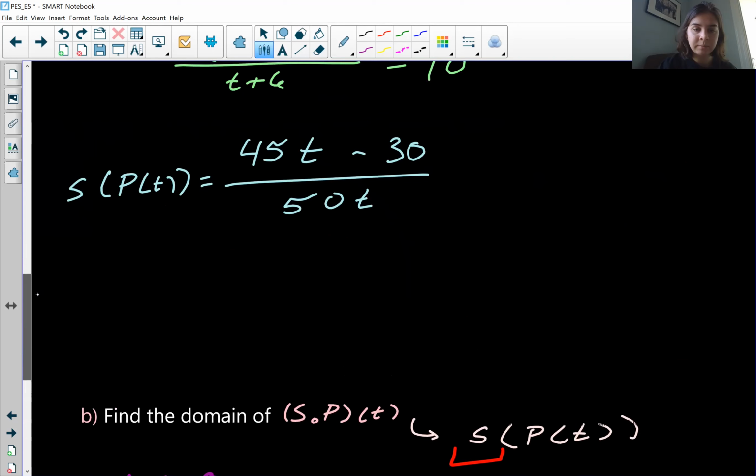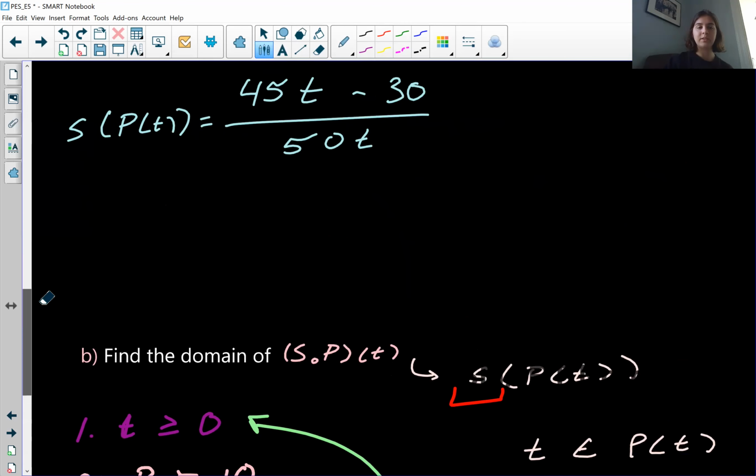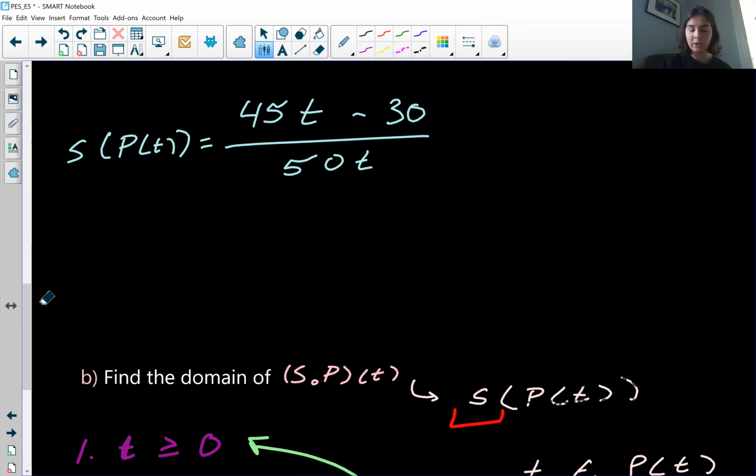And then I also like to check the composite function itself to see if there are any other restrictions in that function. And so this was the result we found here, and it looks like t just can't be 0, right? And anything greater than 0, it's going to give us a positive number, which we want as a percentage. So that all checks out.